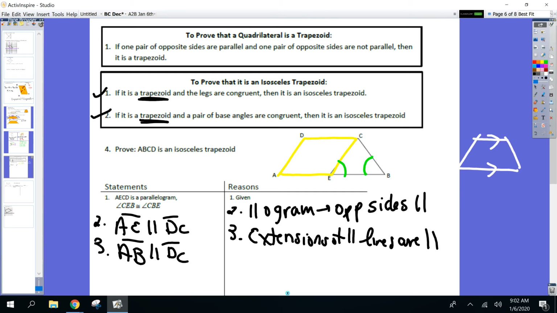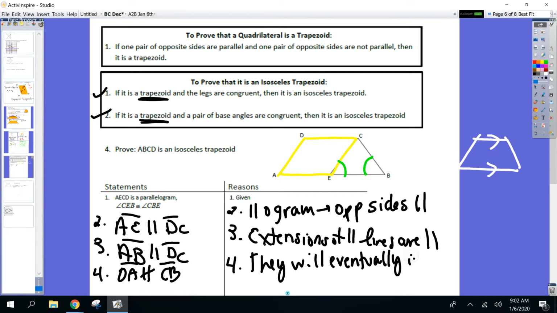But if I kept DA and CB going, DA not parallel to CB, what would happen if I kept drawing them out? They would eventually intersect. I know, very mathematical, pains me, but it is what it is.